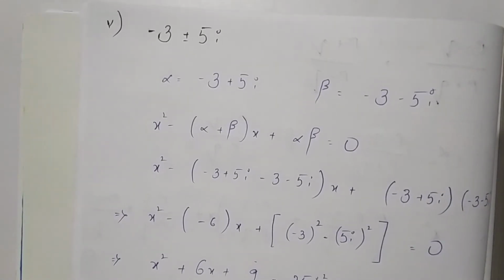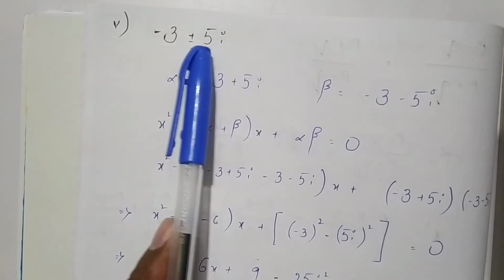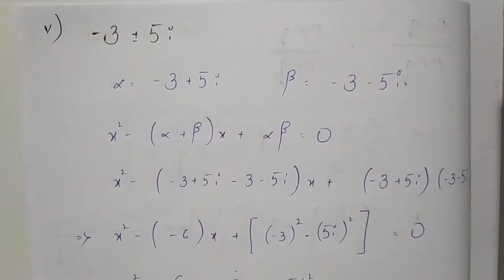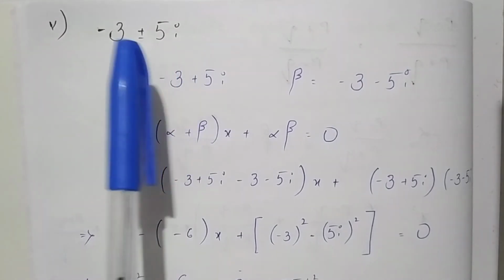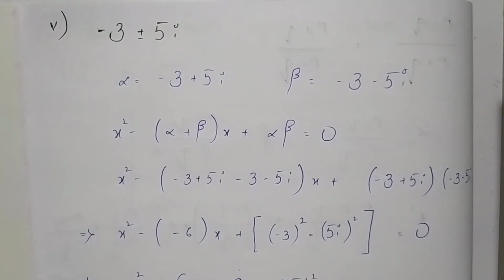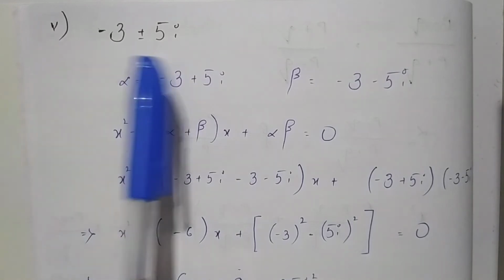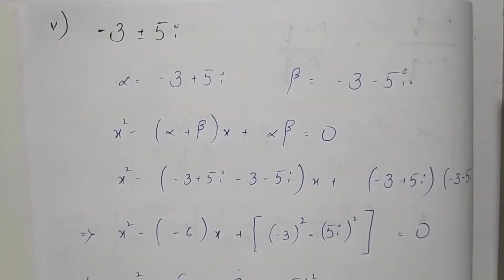Coming to the last question. The last question given in the textbook was minus 3 plus or minus 5i. Here i is known as iota. If you have studied the chapter complex numbers, then you definitely know what iota is and what its use is.